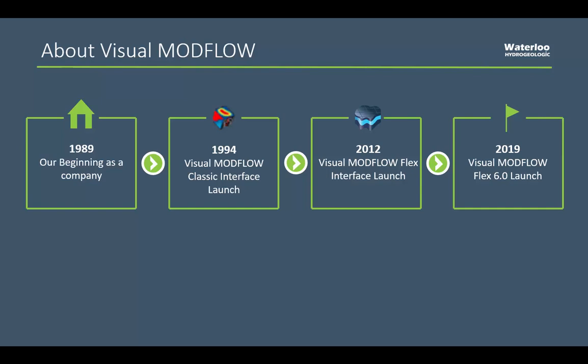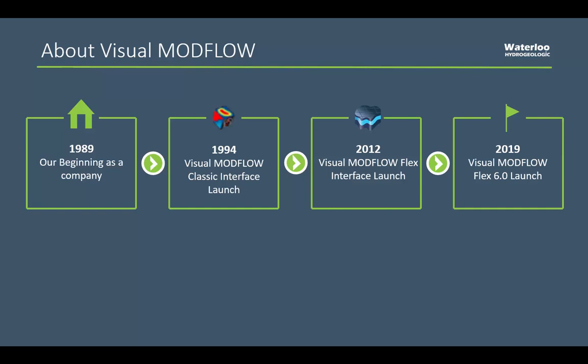After about 5 years of development on that, we relaunched FlowPath, and at the time we called it Visual MODFLOW. And this was probably the interface that made our company what it is today. Visual MODFLOW, what we now call Classic, has had thousands and thousands of users all around the world ever since it was first launched in 1994.